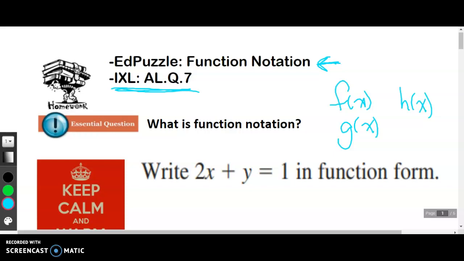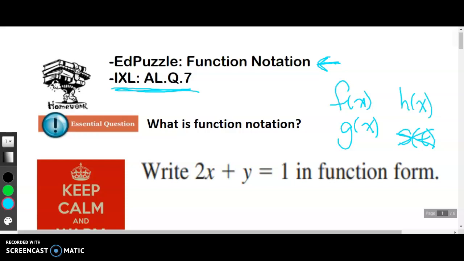In the video, they even mentioned it doesn't have to be of x. It could be s of t, p of t, things like that. Don't worry about this right now. We're going to be doing everything of x, okay? And so we can say our function g varies by x.